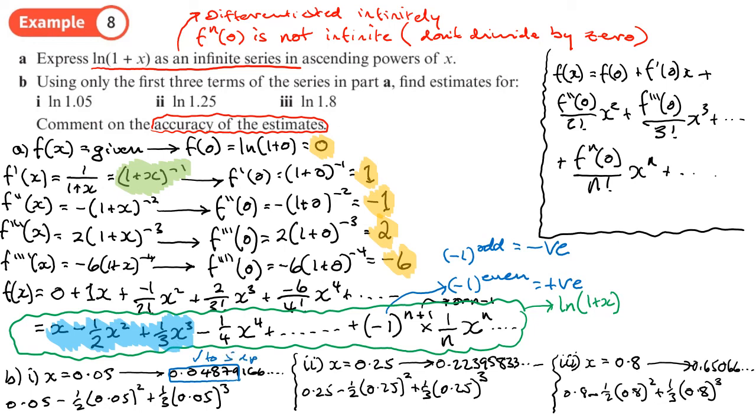Next one, so let's work out the actual log of 1.25: 0.223. Now, if I rounded it, this would only be correct to 2 decimal places, because to 3 decimal places this would round to 0.224, and I've actually got 0.2231.